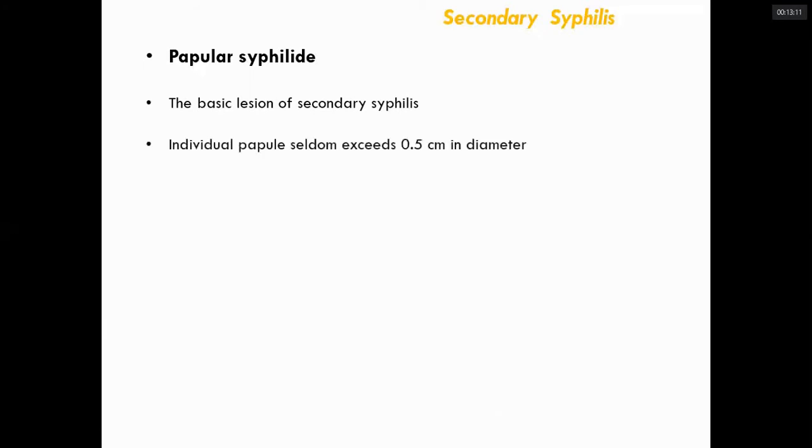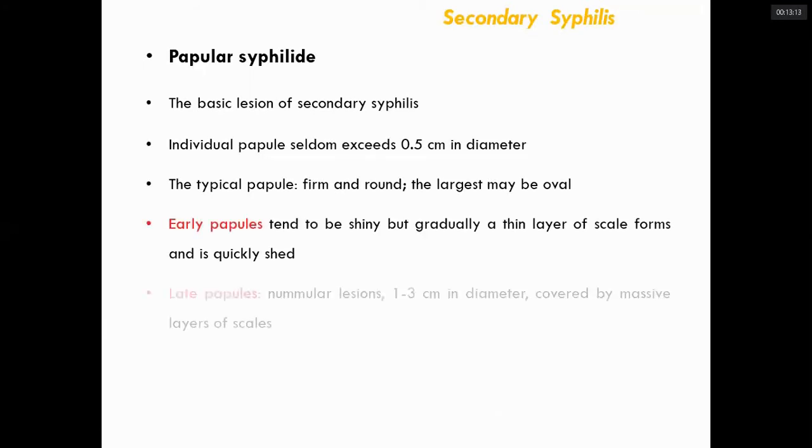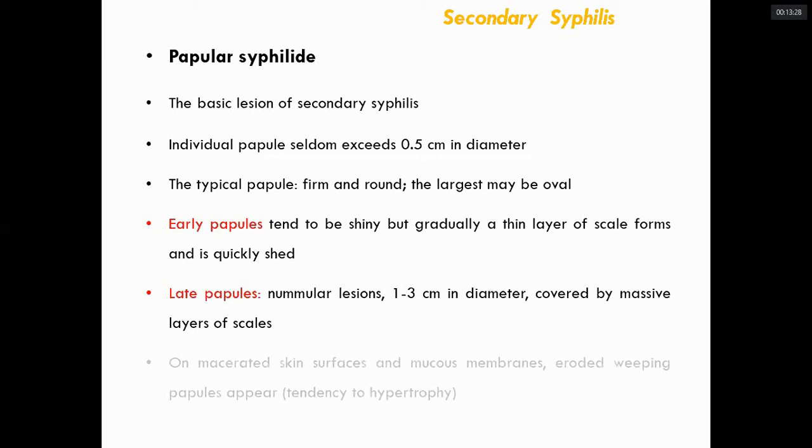Now the papular syphilid. There are two types of papules, early papules and late papules. Early papules tend to be cyclic and they are covered with a thin layer of scales. Late papules are nummular, 1 to 3 centimeter in diameter and covered by massive layers of scales.